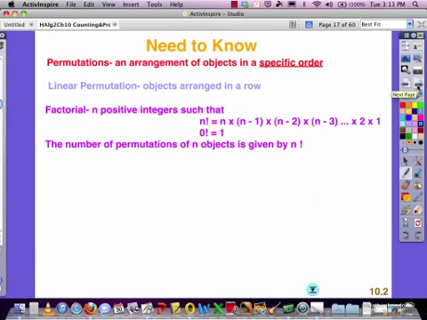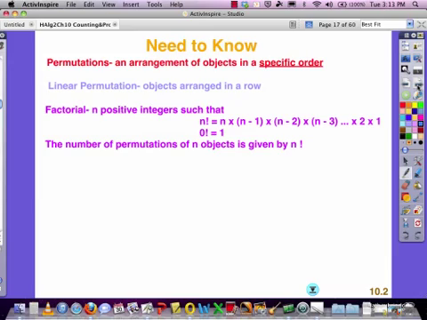Things we need to know. When we say permutation, it's an arrangement of objects in a specific order. Linear permutations, we're thinking in a row, like a list.